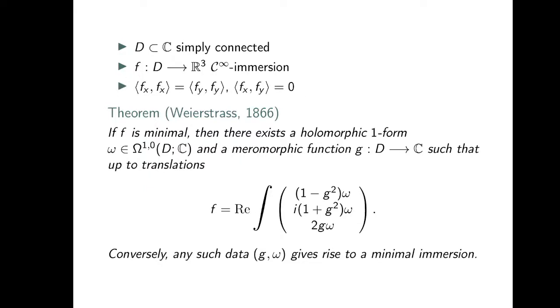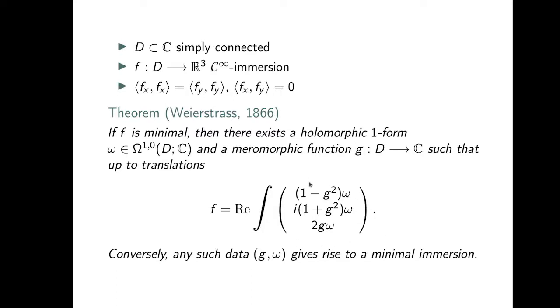Now, Weierstrass in 1866 proved the following nice theorem. If our conformal immersion F is minimal, then there exists a holomorphic one-form omega taking value in C, and a meromorphic function G from D to C, such that up to translations, F is given by the following formula.